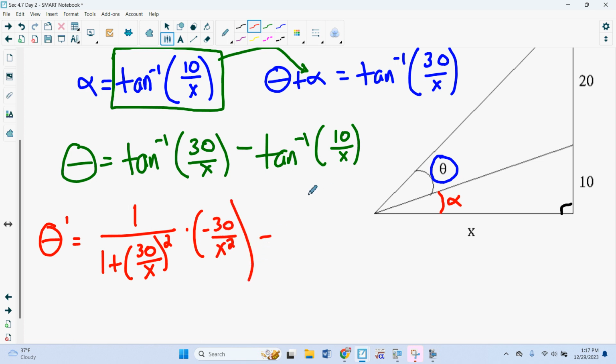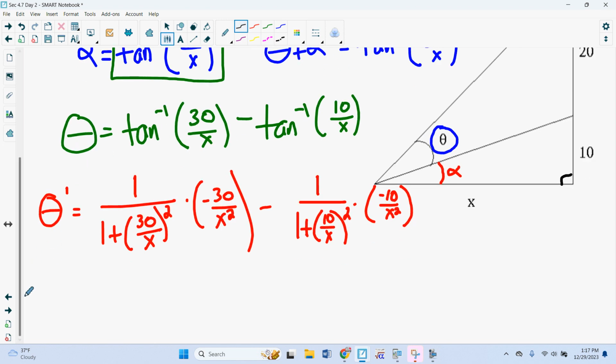Do the same thing with inverse tangent of 10 over x, and that's 1 over 1 plus (10 over x) squared times negative 10 over x squared. Just write it out and go with it. We'll see what happens here. It's getting long and nasty.